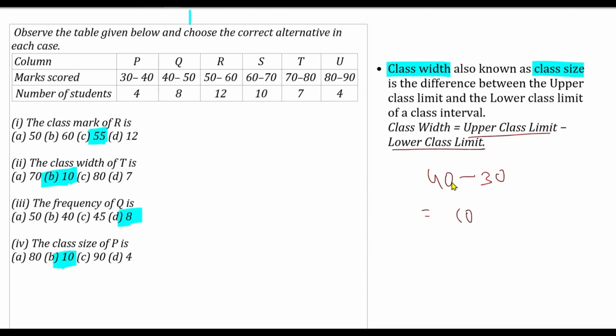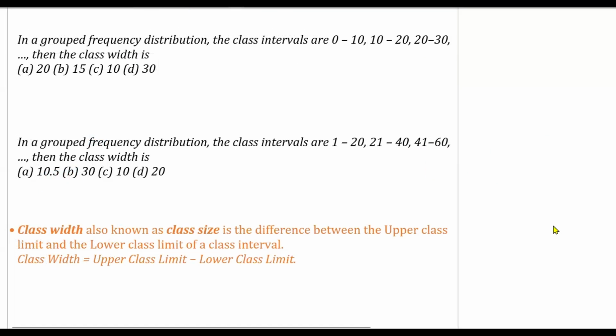Now let's move to the next question. Now you look into these 2 MCQs I've taken that are based on class width or class size. Let's understand how these two are different. First of all, you can see that we are supposed to find out the class width in each case, and we are given the class interval.